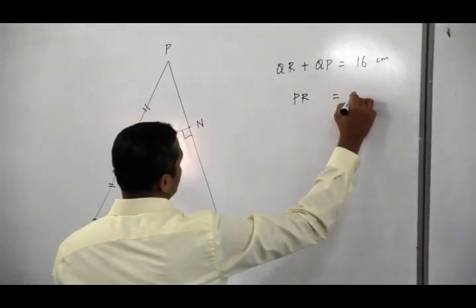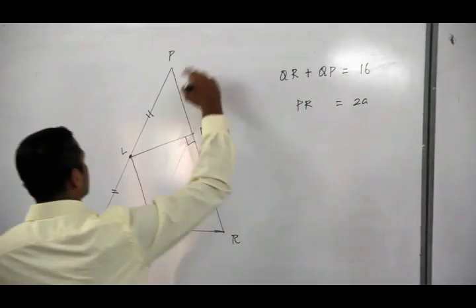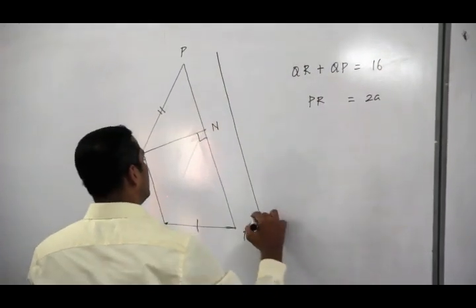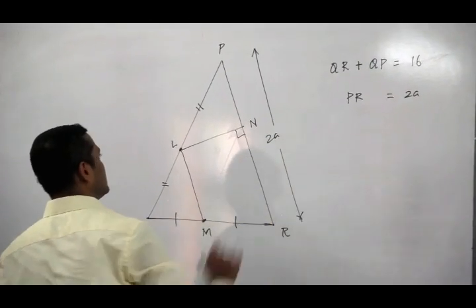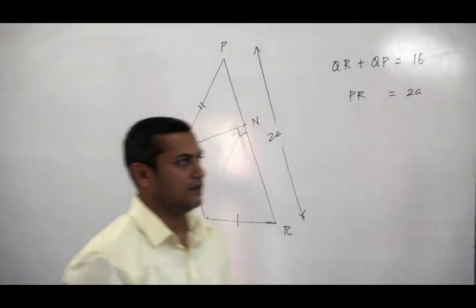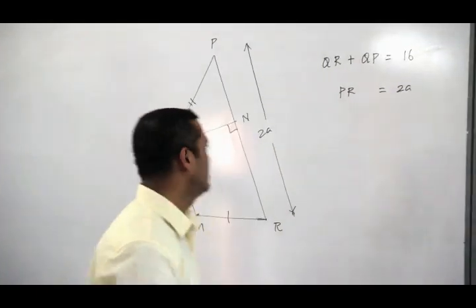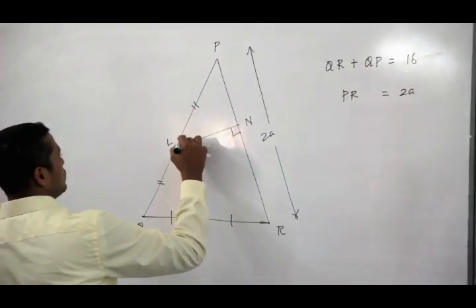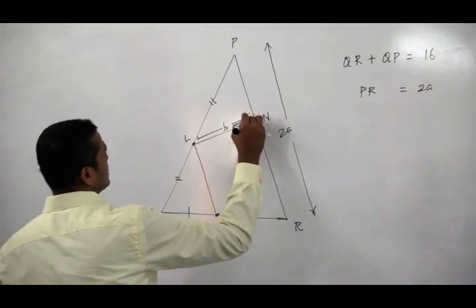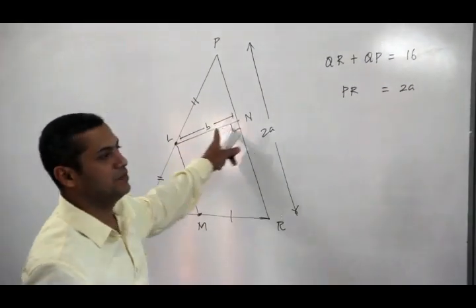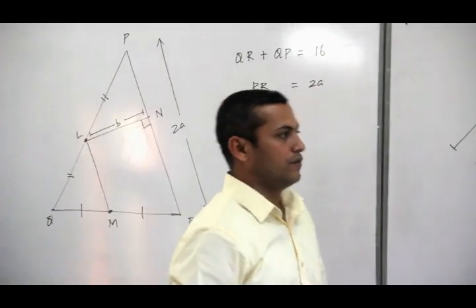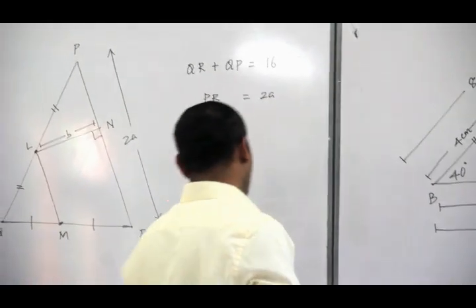PR is equal to 2A centimeters. What else is given? LM is equal to B centimeters. This is B. And this is 90 degree. I marked it already. Find the perimeter of the quadrilateral LMRP.